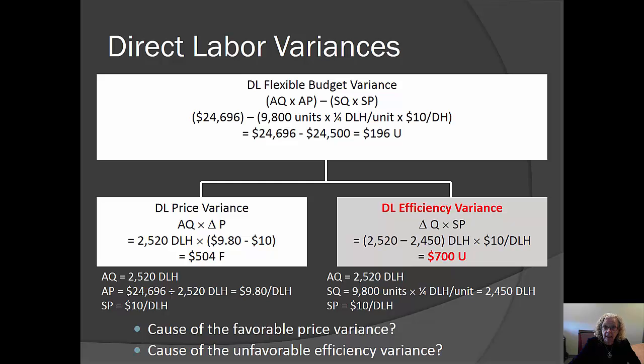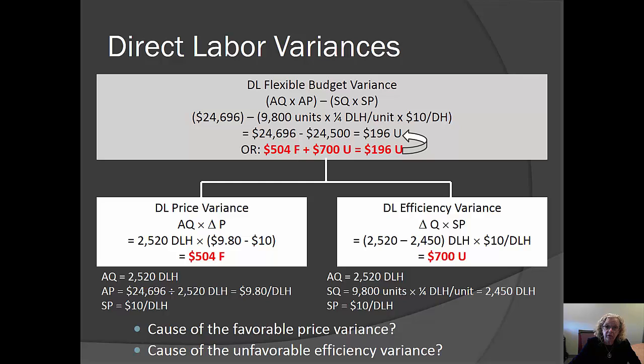That is, ignoring any variance in price, the fact that we used more labor hours than we expected cost us an additional $700. So, we can take the price variance and the efficiency variance and add them together, and they must exactly equal the total direct labor flexible budget variance, because all costs have to go somewhere.